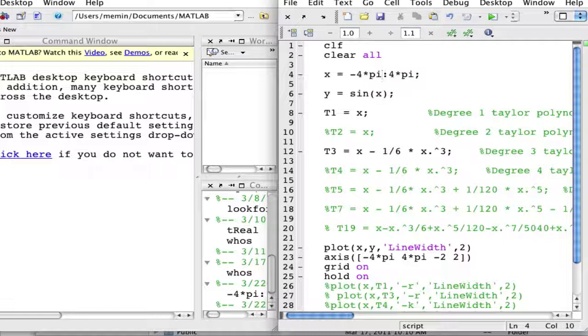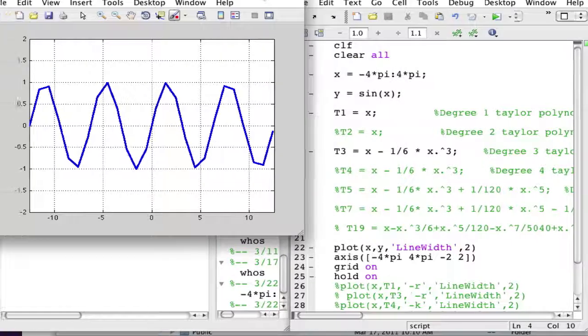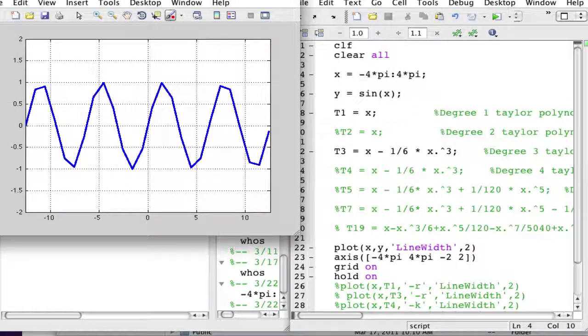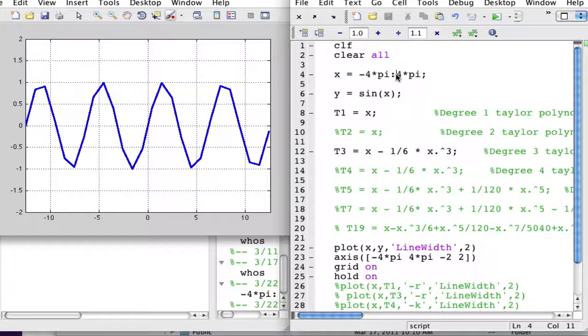Yeah, 1. Notice if I plot this, it'll plot it, but see how it's all jaggedy? That doesn't look like sine. That's because each point is 1 away, so it makes it jaggedy. So I want the step size to be 0.01 so that it gives me a nice smooth curve. See? Like that. Does that make sense?